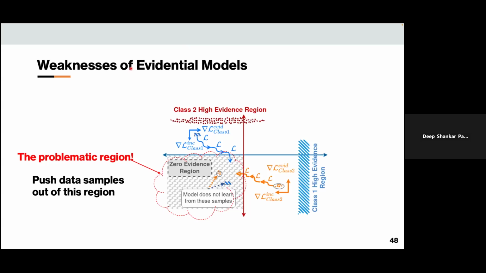To enable such learning behavior, where the model can map the samples outside this zero evidence region, we introduce a novel regularization function. If we look at the gradient of this regularization, it's not zero.